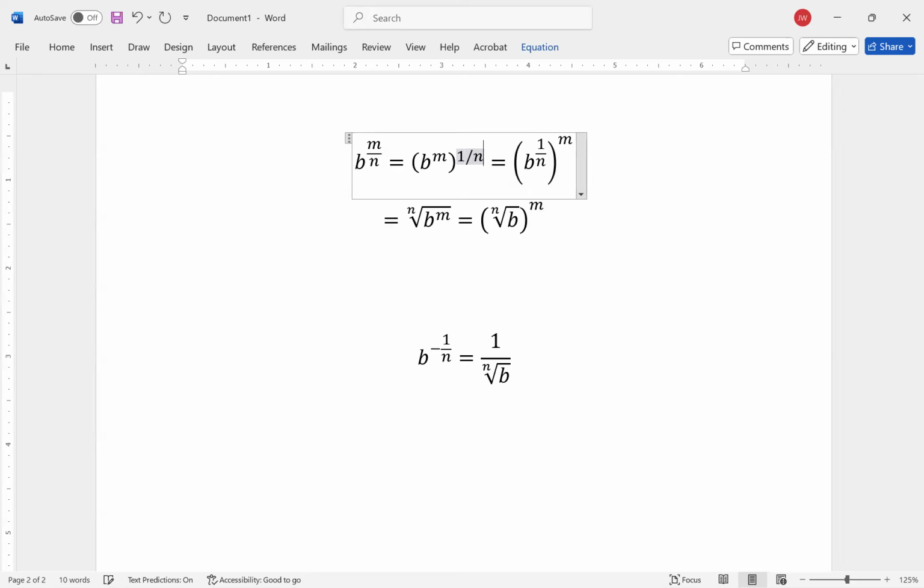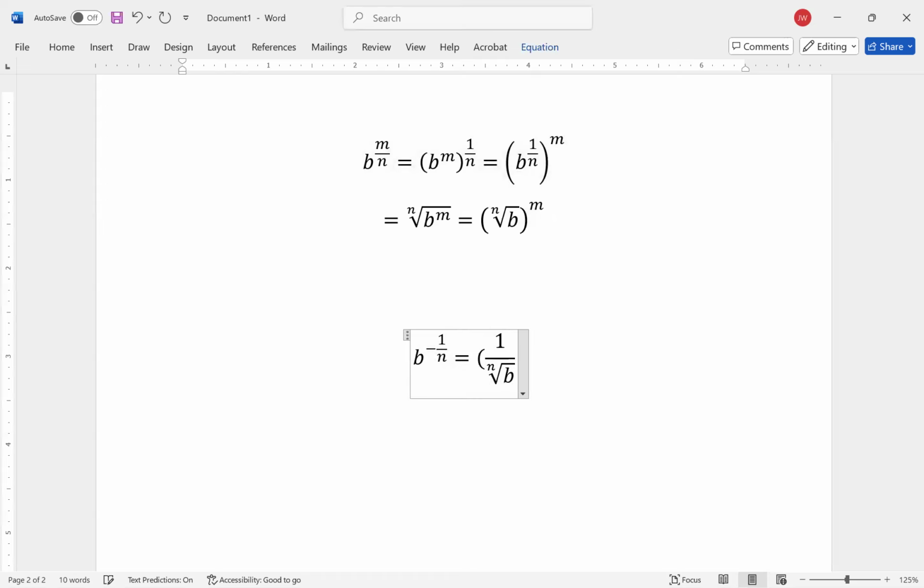And the same thing with negative rational exponents. I can simply say this is like b raised to the 1 over n power, raised to the negative 1 power. That's the reciprocal of b to the 1 over nth power, which is 1 over the nth root of b.